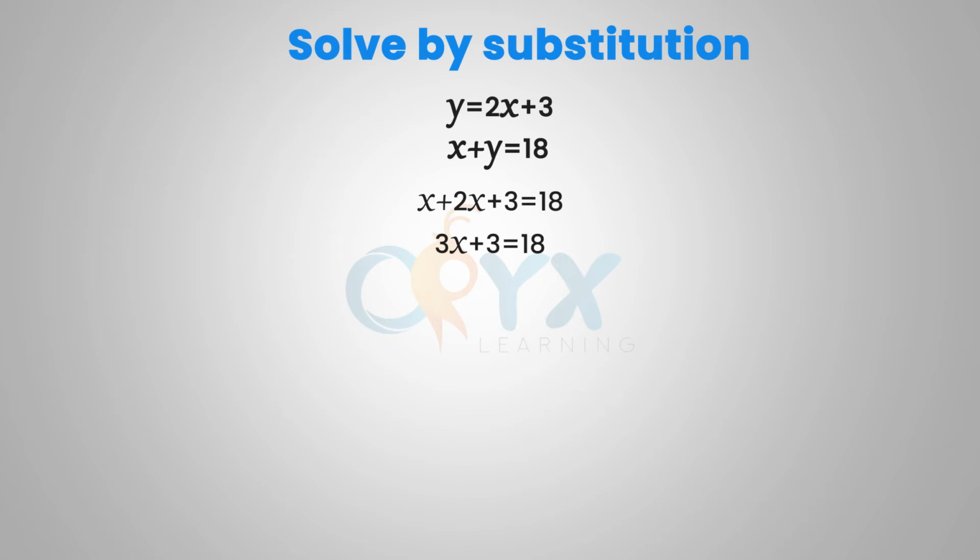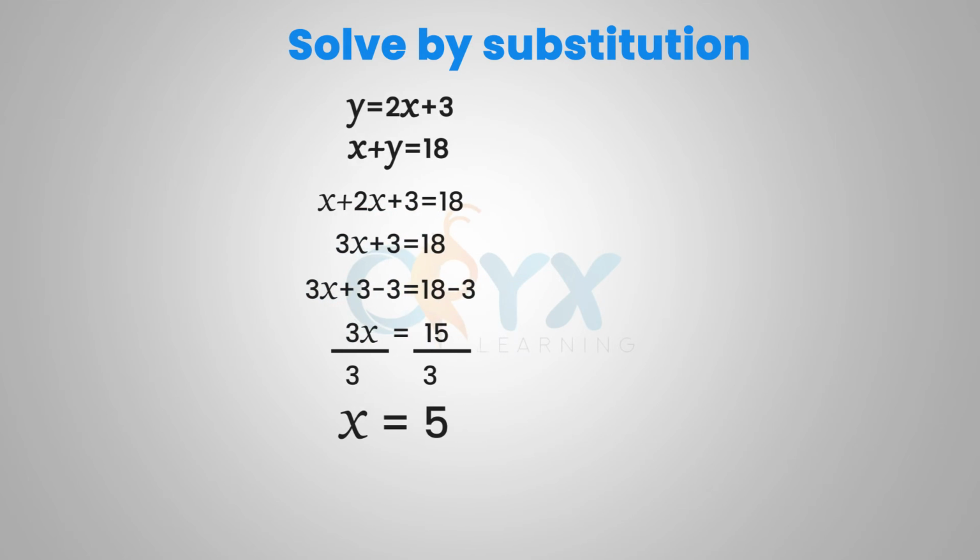Now let's solve for x. The inverse operation of addition is subtraction, so I'll subtract 3 from both sides of the equation, leaving me with 3x equals 15. Next, we'll divide both sides by 3, leaving us with x equals 15 divided by 3, or x equals 5.